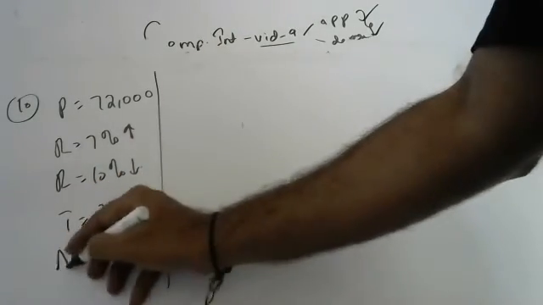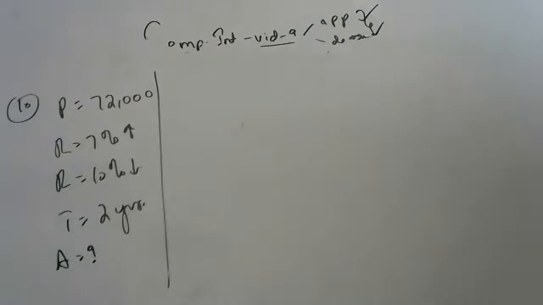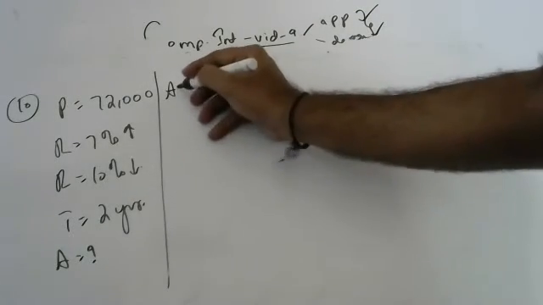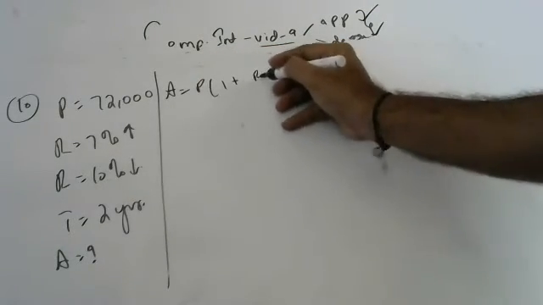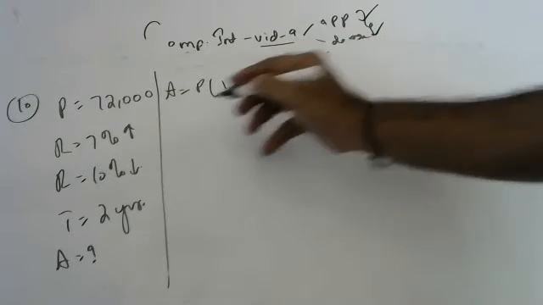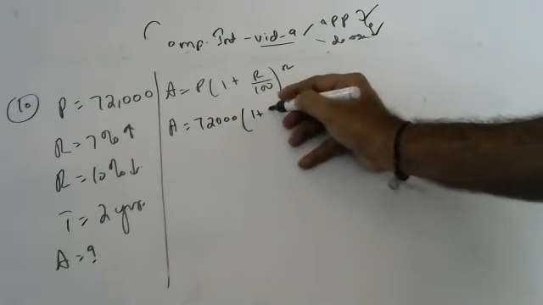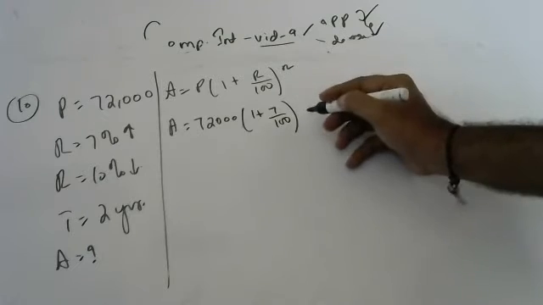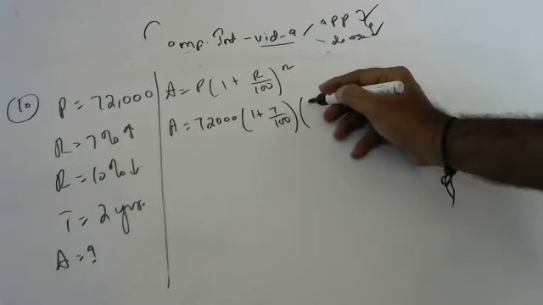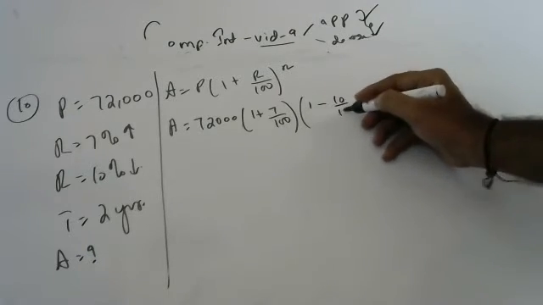Amount is equal to P into 1 plus R by 100 whole to the power of n. Amount is equal to 72,000 into 1 plus 7 by 100 into 1 minus 10 by 100.